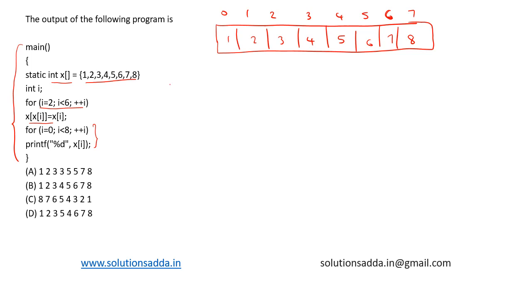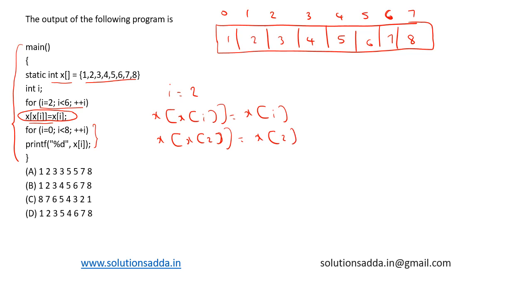Now we are given i. i is equal to 2 initially. Now let's see what happens here. The statement is x of i is equal to x of i. Here x[3] is assigned x[2]. Now x[2] means what is the value at index 2? The value of x[2] is 3.